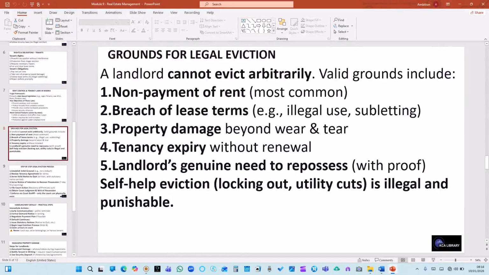So when the landlord wants to repossess his property with proof, it will also serve as a ground for legal eviction. Then self-help eviction, locking out or utility cut, is illegal and punishable. So the landlord does not have the right to lock out the tenant or cut the utility services of the tenant, which is illegal and punishable by law.